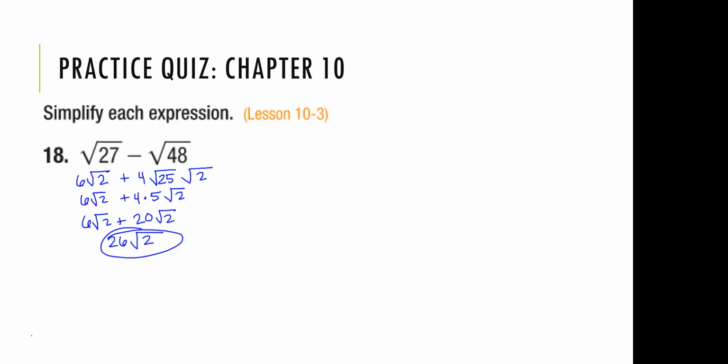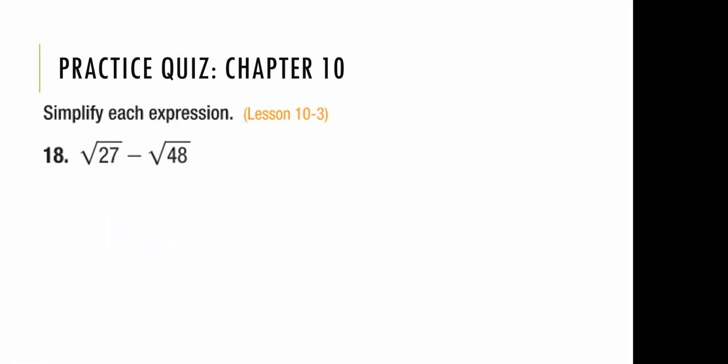All right, so next one here says square root or radical 27 can be broken down to 9 times 3. Okay, we're using 9 because it's a perfect square. And then 48 has a perfect square factor of 16. 16 times 3 is 48. Okay, and then we can simplify.